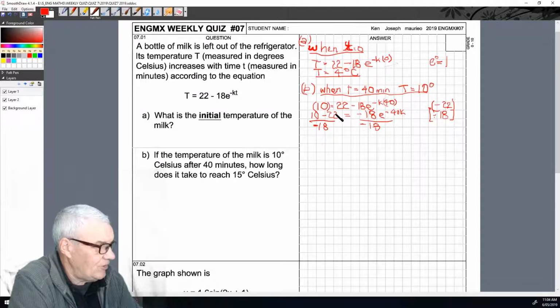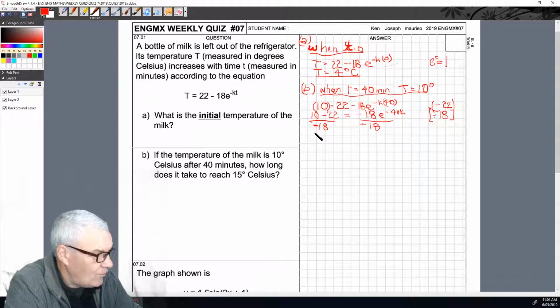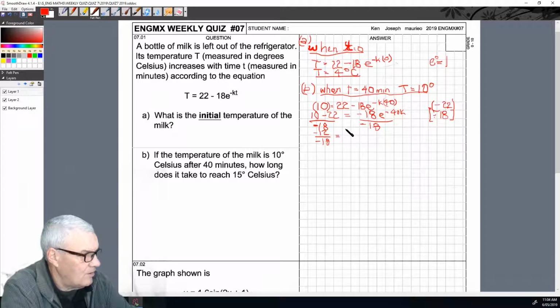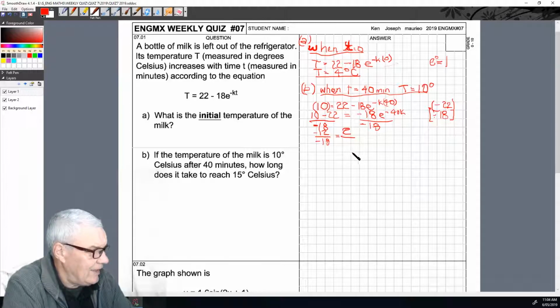Well, 10 minus 22 is negative 12, over negative 18, which equals 2/3.